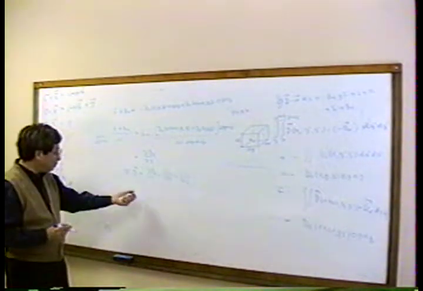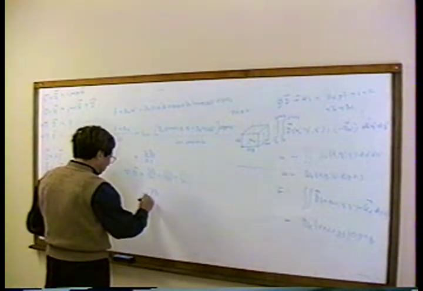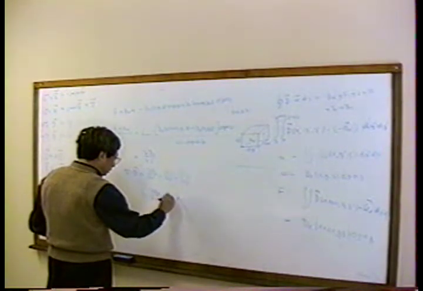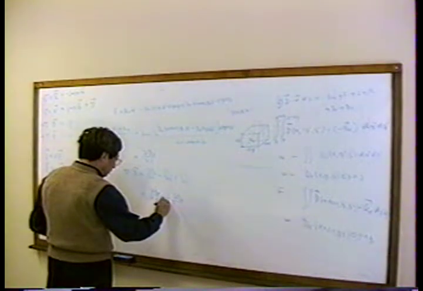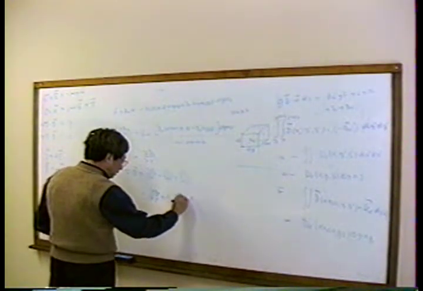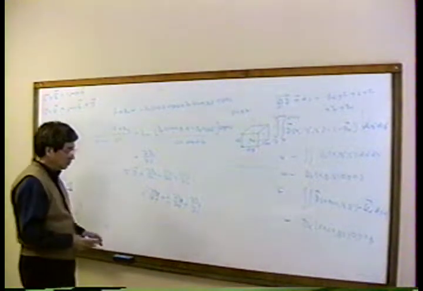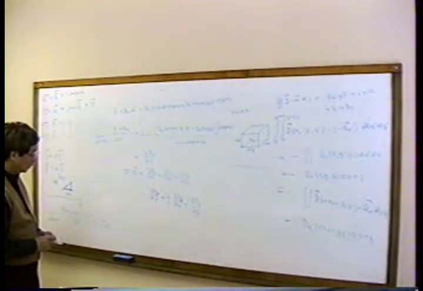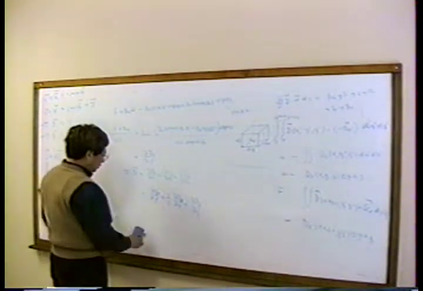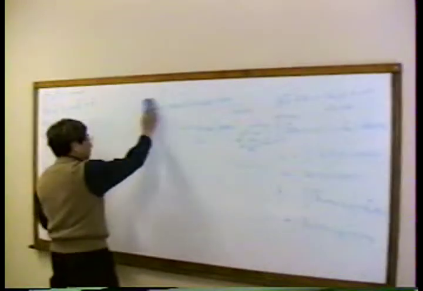Probably it's like this: (1/rho) d(rho D_rho)/d rho plus (1/rho) dD_phi/d phi plus dDz/dz. That's cylindrical. There's a 1 over rho squared for spherical. Something like that. So that's in the book.